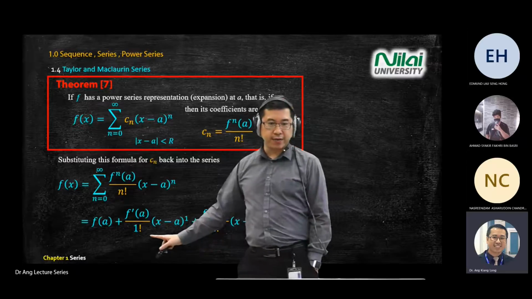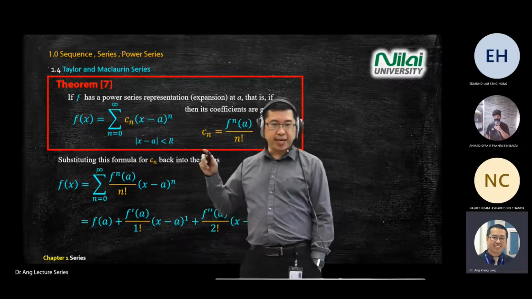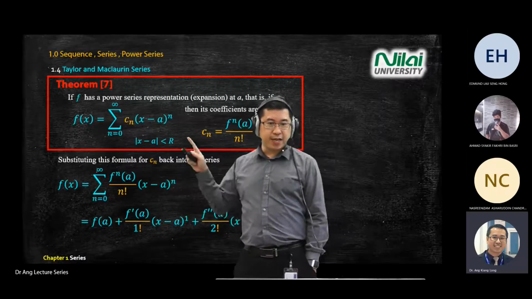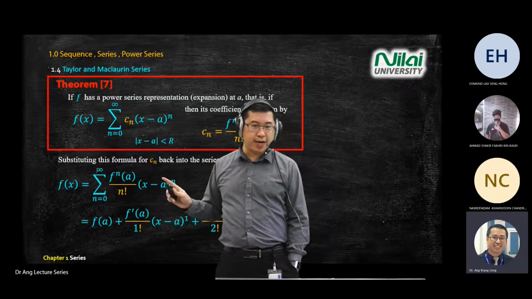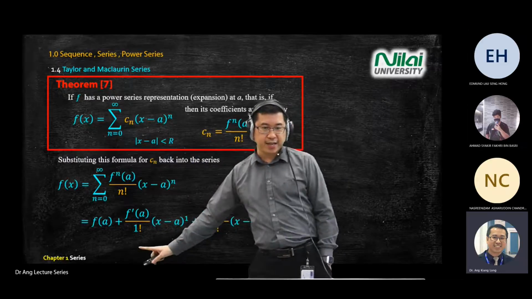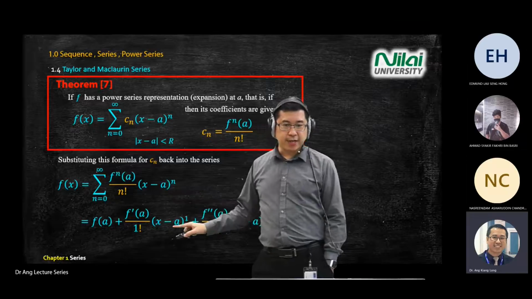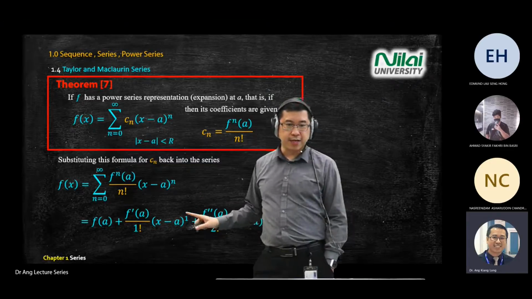Then how do you get the second term? The first one is n equals 0. The second term in the power series is n equal 1. So you replace n with 1, you get this one.